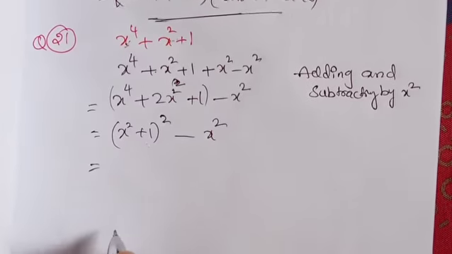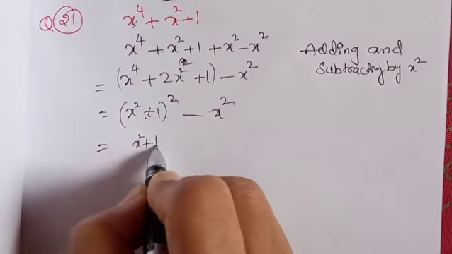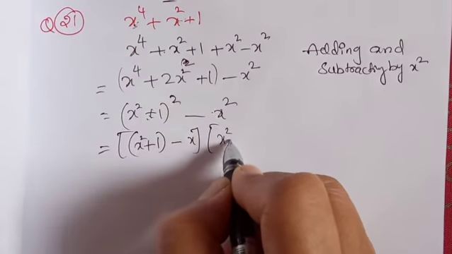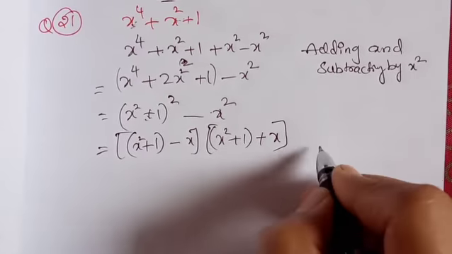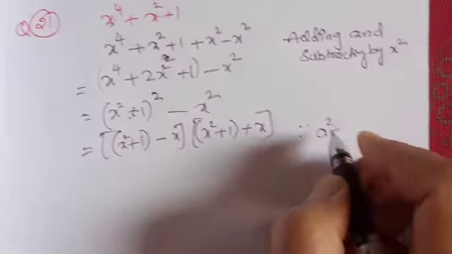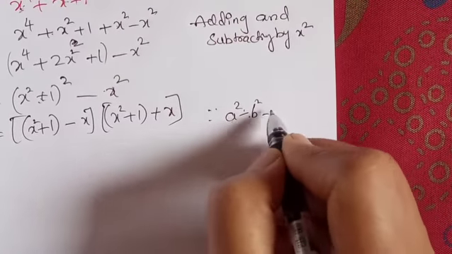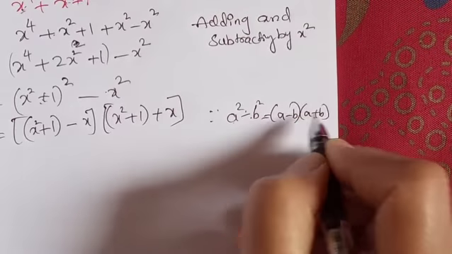Okay, children, and now this is difference of squares. Now x square plus 1 minus x, x square plus 1 plus x. Since what formula? Difference of squares: a square minus b square equal to a minus b into a plus b.